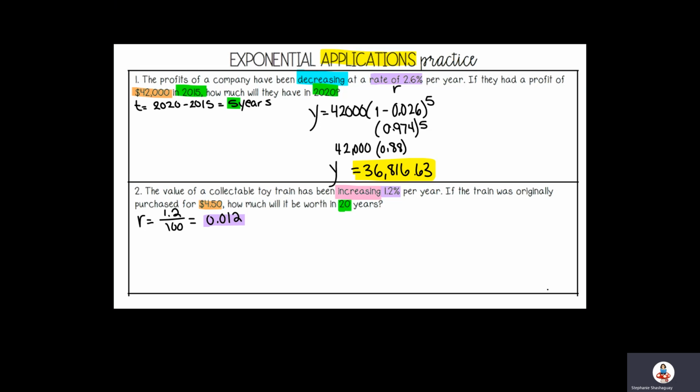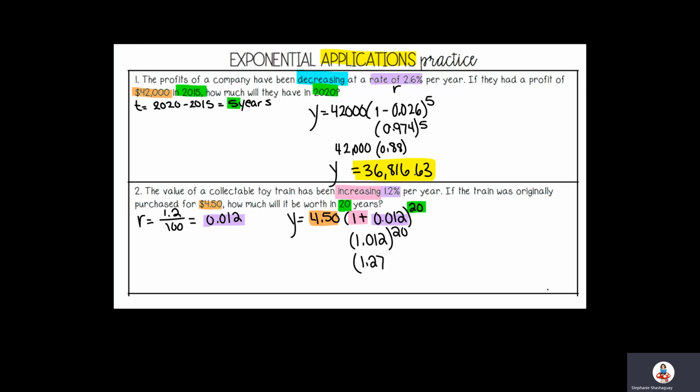So my function is going to look like this. I'm going to have y is equal to $4.50 multiplied by 1 plus, because I'm increasing, 0.012, and that's going to be raised to the 20th power. Well, 1 plus 0.012 is 1.012, and when I raise that to the 20th power, I'm going to get 1.27.